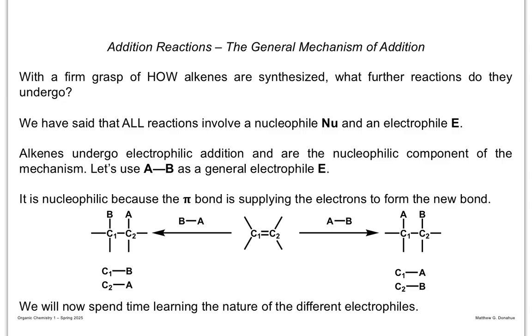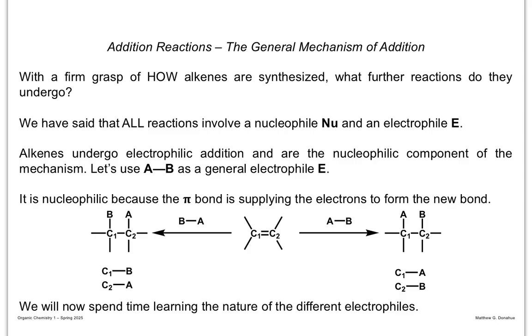So as I said, we have a lot of material to cover. We've learned how to take our substrate bearing a leaving group, eliminate it using either the E2 or the E1. Now we have the alkene in the molecule. Remember, an alkene has a pi bond that contains 2 electrons.